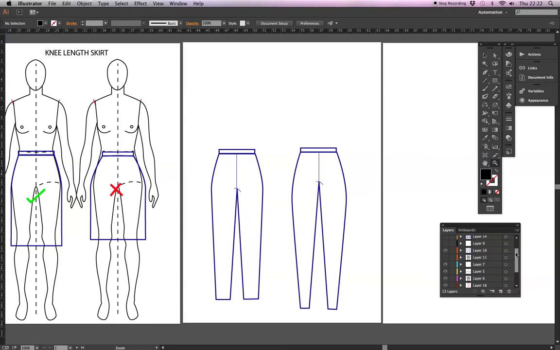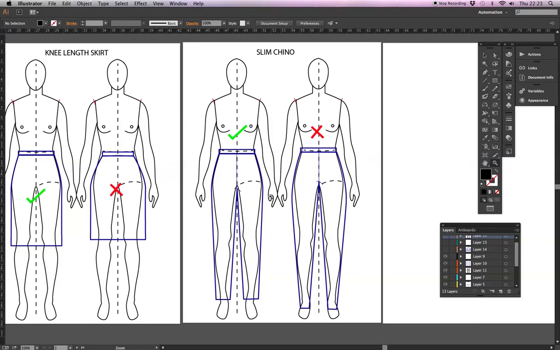We can see that one obviously has a shorter rise and a longer rise, and one is longer. And we can see our template here anyway to give us a bit of a guide. But if we go to find out which one is actually the correct one, we can see this is the correct one. And let's have a look at it on the body.